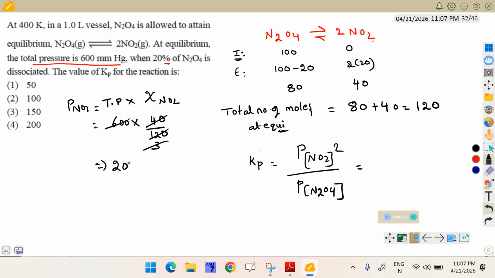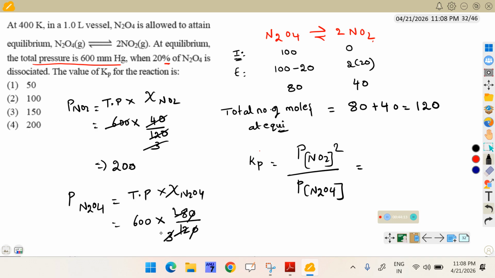Partial pressure of NO2 is 200. Partial pressure of N2O4 is total pressure into mole fraction of N2O4. Total pressure 600 into number of moles 80 by 120. 4 2s, 4 3s, 3 200 times 2, 400.